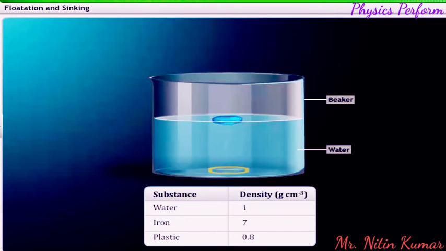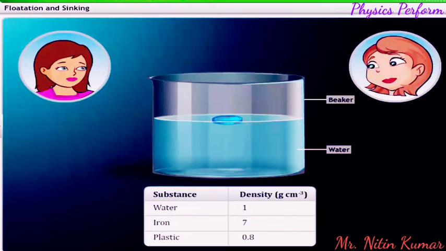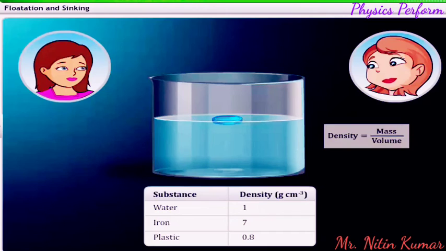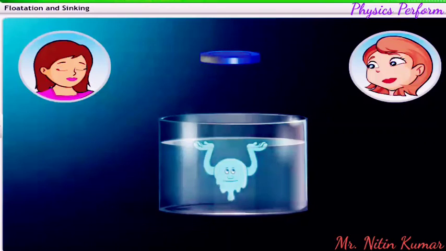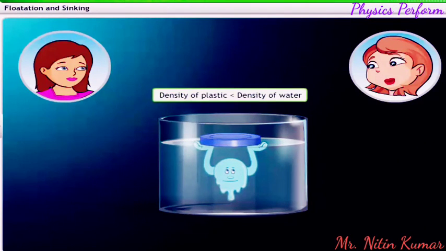So how can we determine whether the buoyant force on an object will exceed its weight? The magnitude of this buoyant force depends on the density of the fluid. Therefore, the floating and sinking of objects depends on how the density of the object compares with the density of water. The plastic coin floats in water because the density of the plastic coin is less than the density of water.